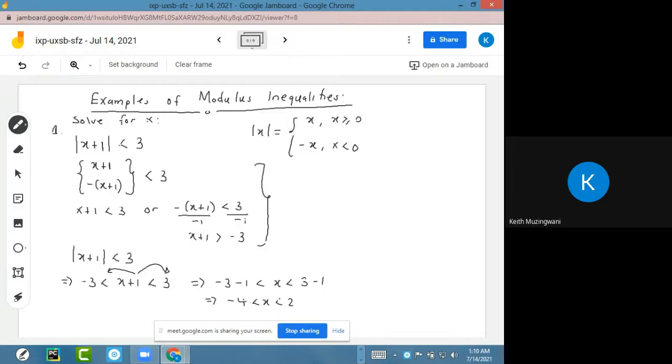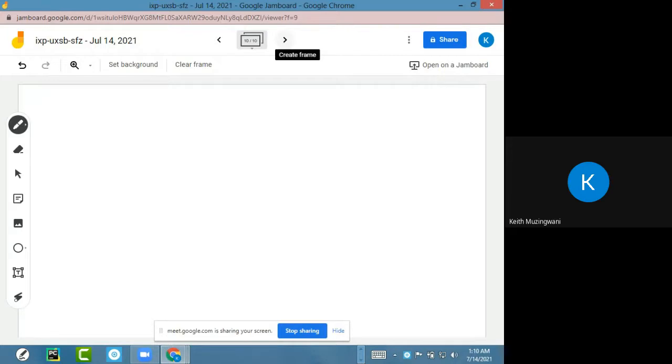Then for this case, it will be easy this way when we just have x plus 1 there. But what if, so this was labeled 1, okay.